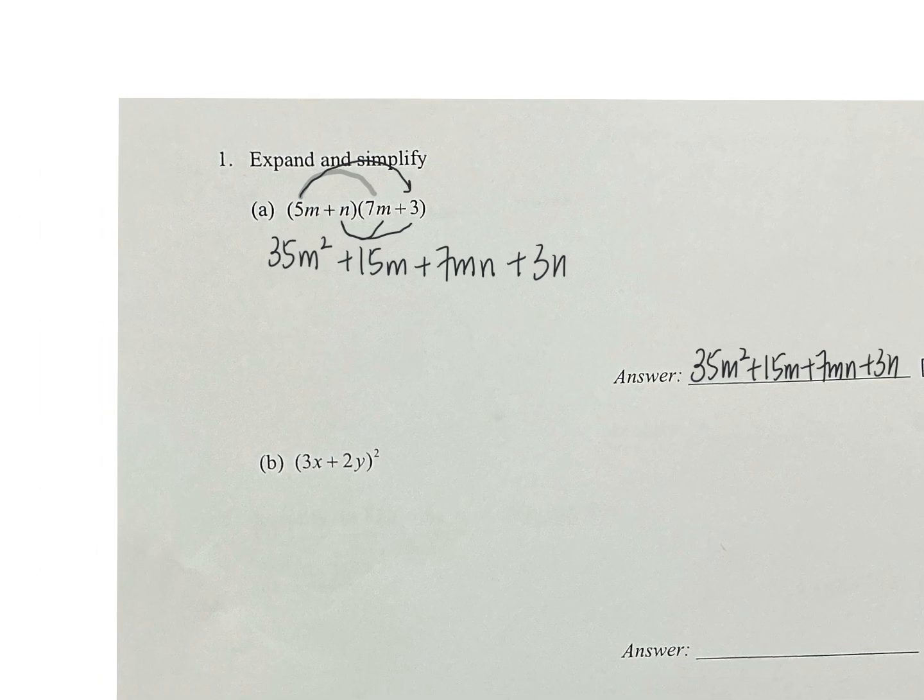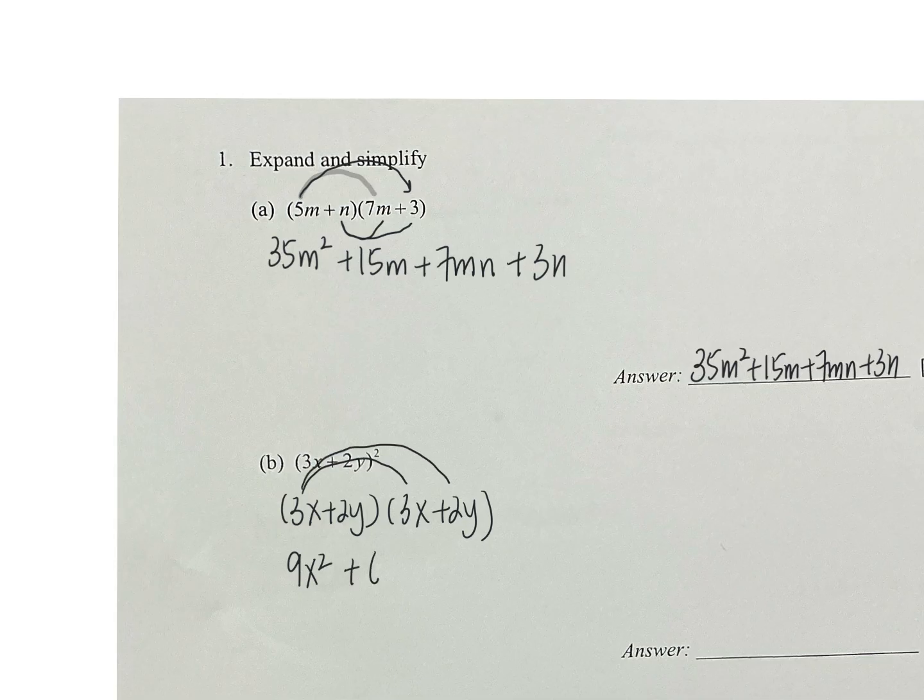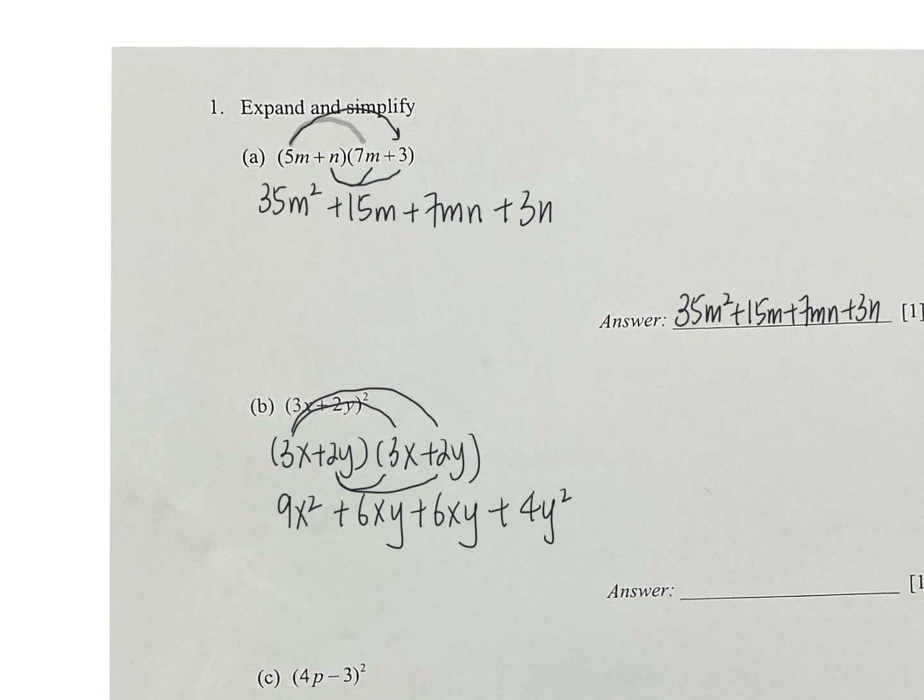Okay, next one. When you have two of these, you can draw this 2 times, and then you do your rainbow. 9x squared, 6xy, 6xy, and 4y squared. So you will end up having the answer 9x squared plus 12xy plus 4y squared.